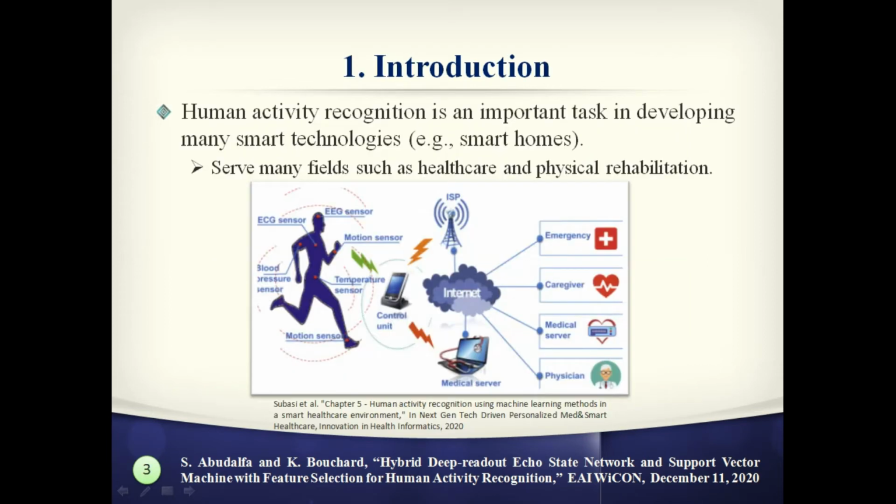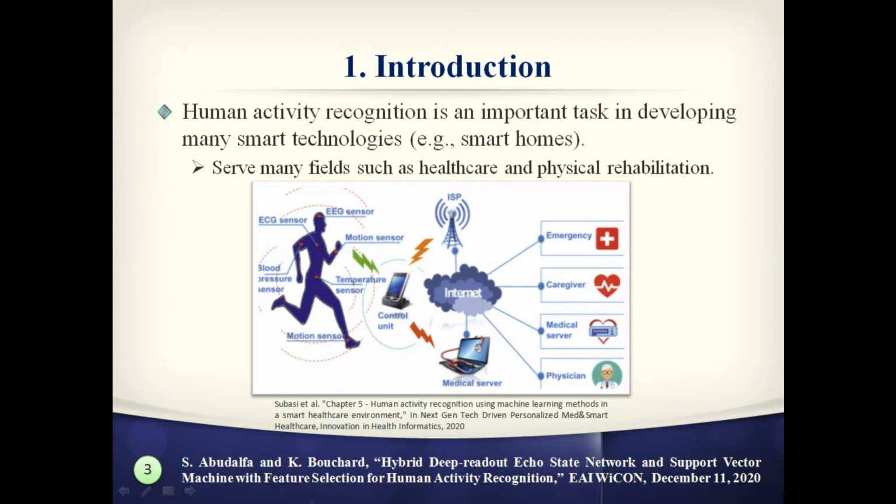As an introduction to this work, nobody can deny the effect of healthcare on societies nowadays. It's worth mentioning that one of the most important tasks used within healthcare systems is human activity recognition. This task is involved in such systems by collecting data from sensors.